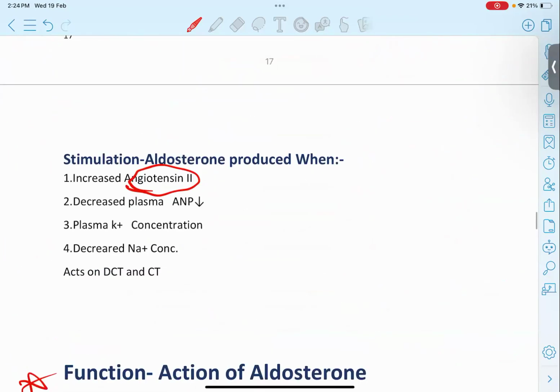Next, there are some other factors that stimulate aldosterone production, which include a reduction of ANP, atrial natriuretic peptide. I will discuss it thoroughly, but this is another hormone that is released from the atrial smooth muscle. If there is a reduction of ANP, that would also stimulate aldosterone production.